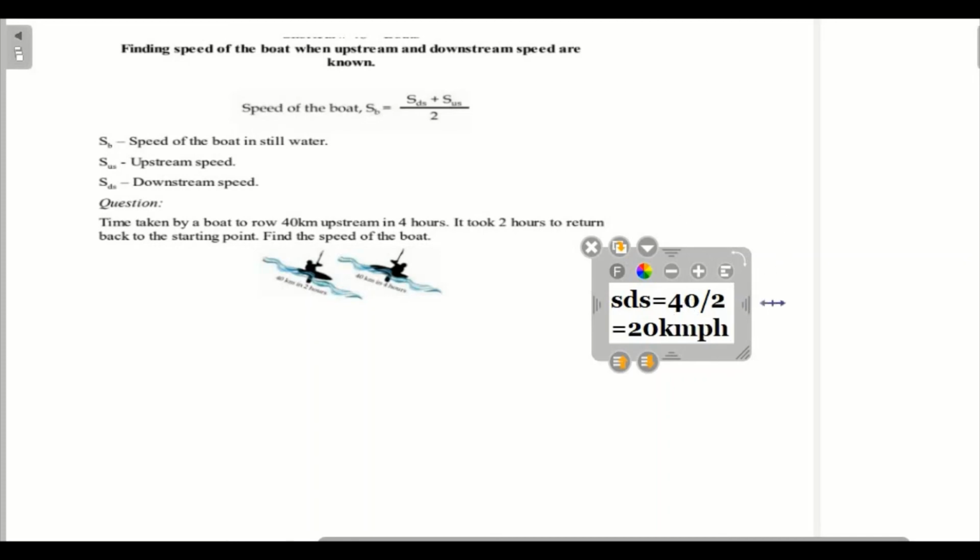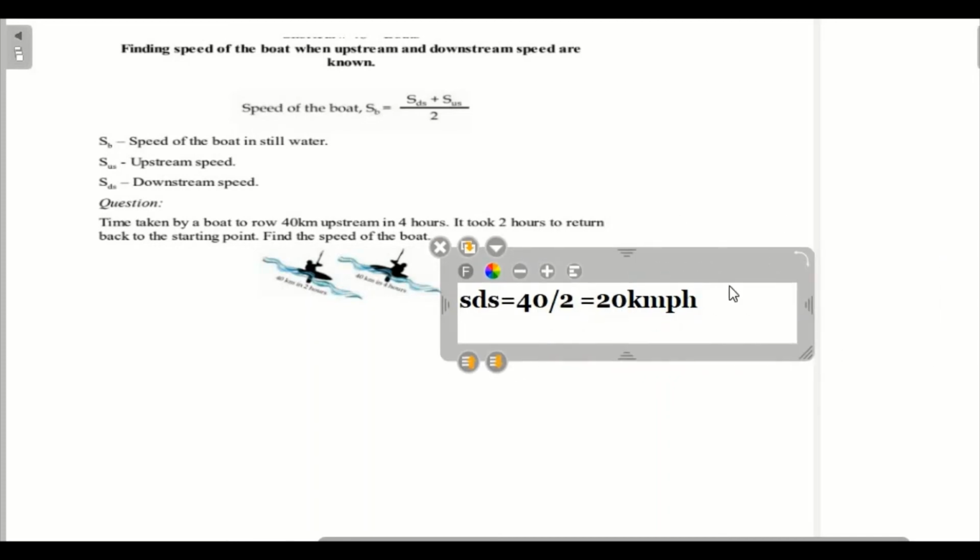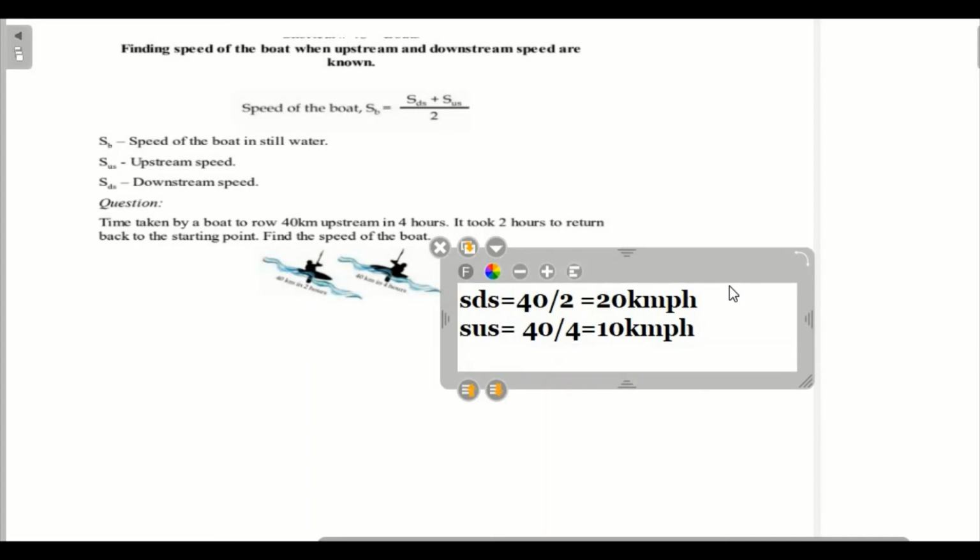Then we have to calculate it for upstream, which is 40 divided by 4 hours, given that it is 40 kilometers for 4 hours. So it is 10 km/h.